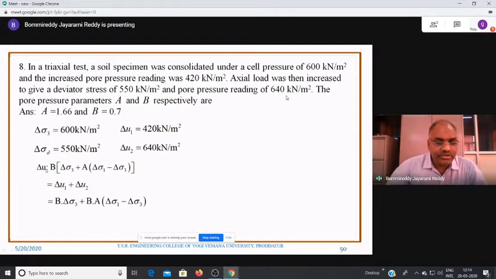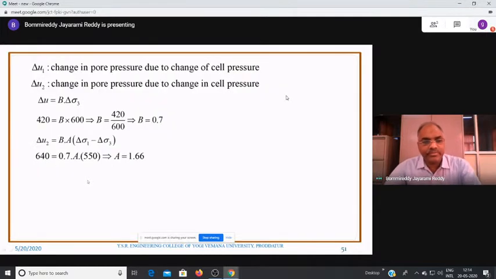So you know the equation delta U equal to B into delta sigma 3 plus A into delta sigma 1 minus delta sigma 3. So that is delta U1, delta U2. And you know all these parameters. Only thing you need is to substitute here. You know delta U1 is B into delta sigma 3.